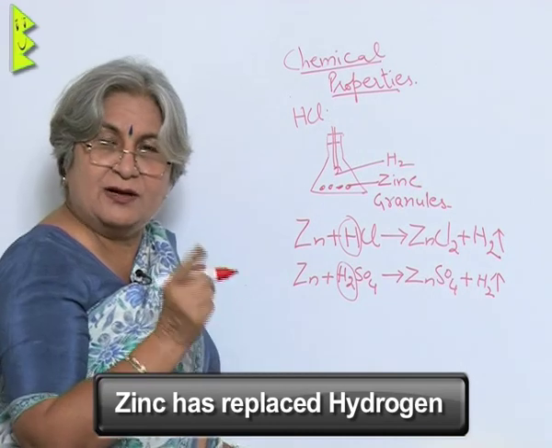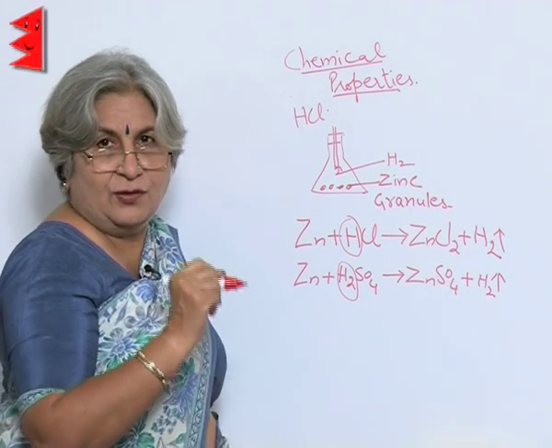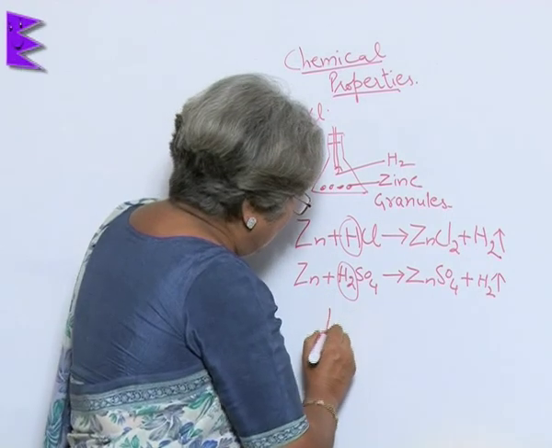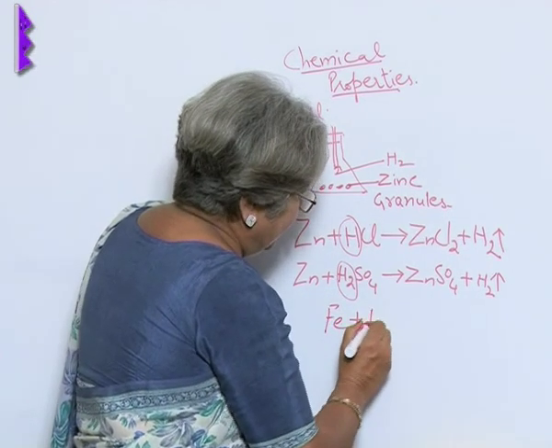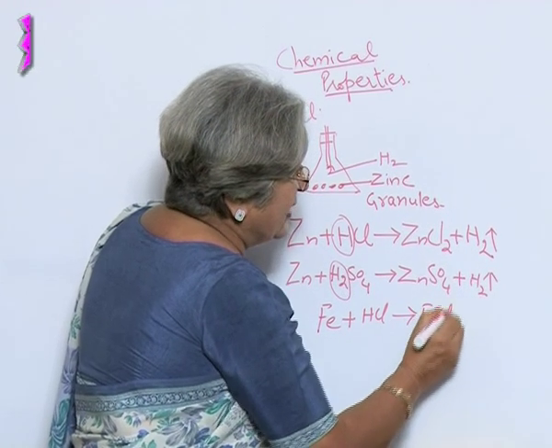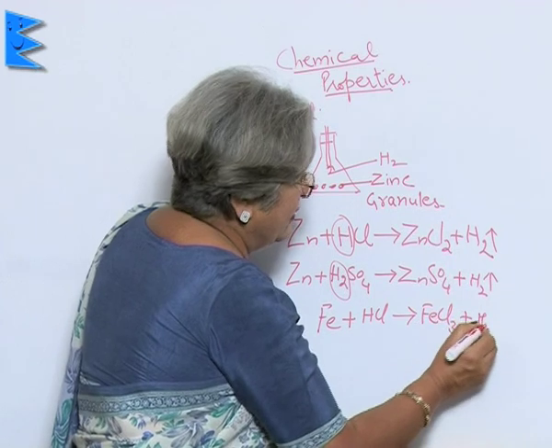Now can this be done only with zinc? No, it can be done with other metals as well. For example, you can take iron. What you will get is ferric chloride and hydrogen.